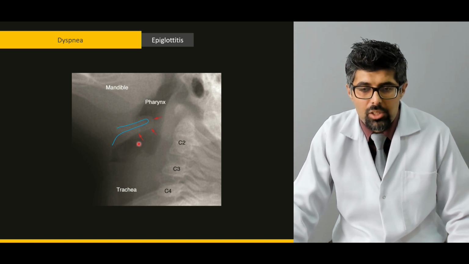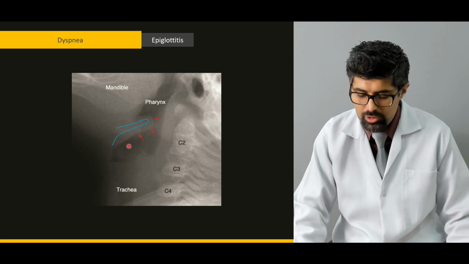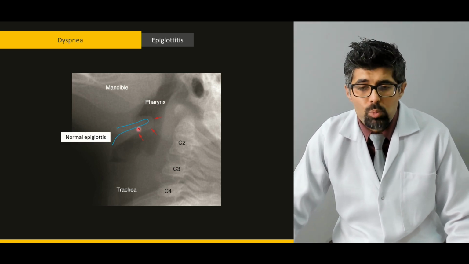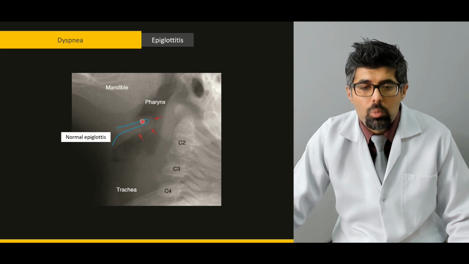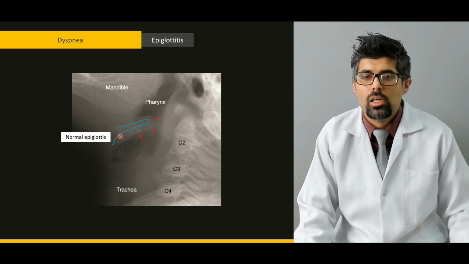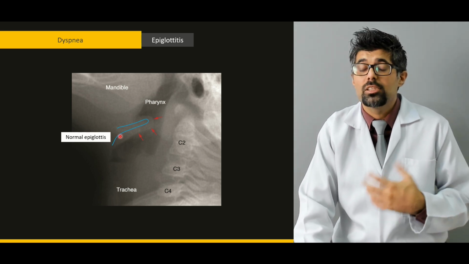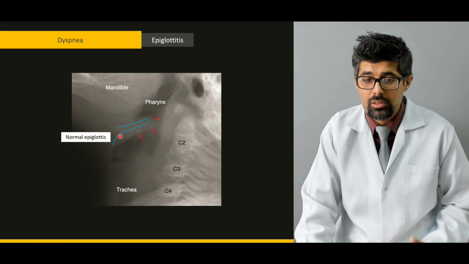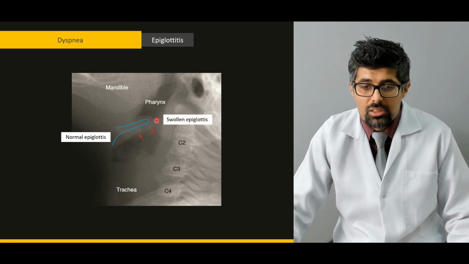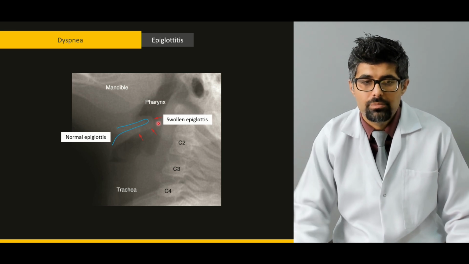This is the upper trachea, and this is the epiglottis. This blue margin is what a normal epiglottis should be, but in acute epiglottitis, because of the inflammation, it is swollen and thickened. And this is what we see on this chest X-ray.